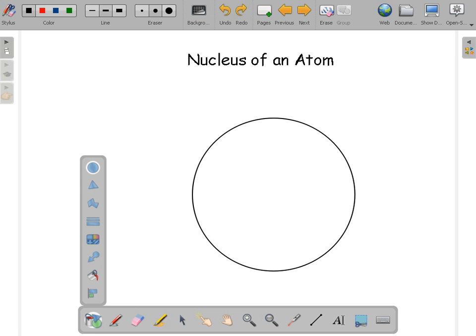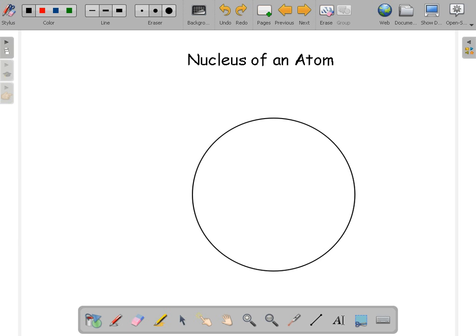If you could imagine an atom as like a football, then you will have a small tiny place within that football, like the size of a golf ball, even though it's much tinier. But let's just for the purpose of our imagination, just imagine that this is a space within the atom which is called nucleus. It's a really small space compared to the actual size of the atom.